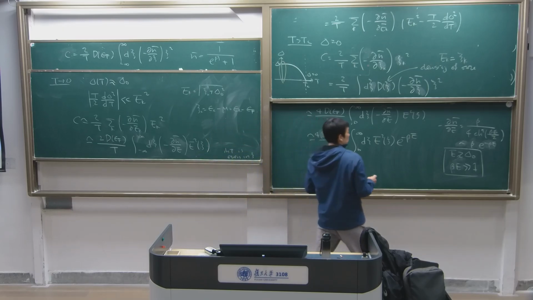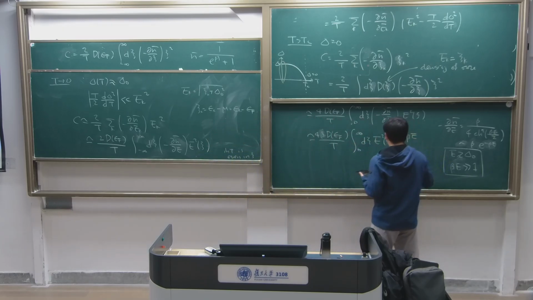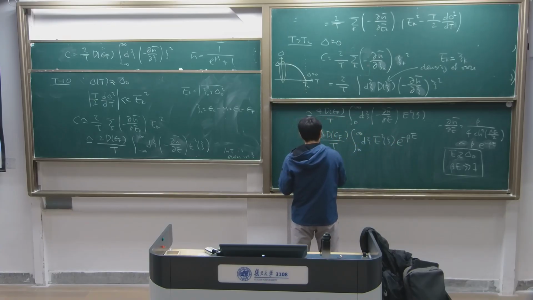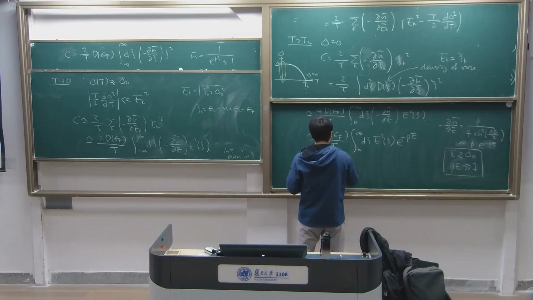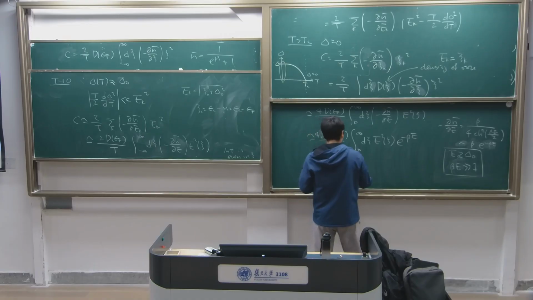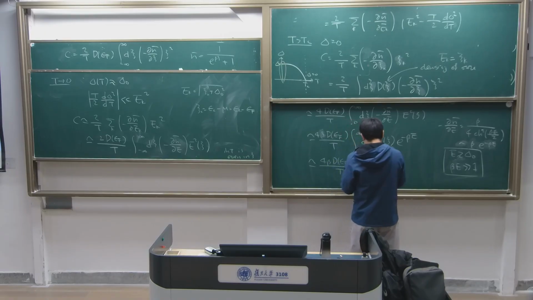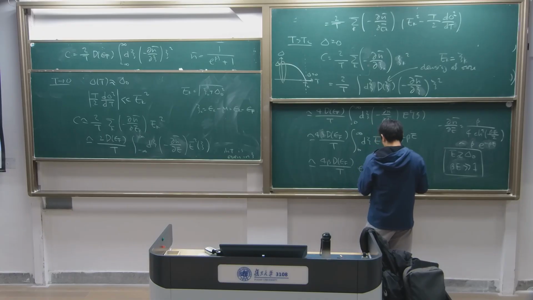And then we assume that E is roughly delta naught, so we plug this one out of the integral.